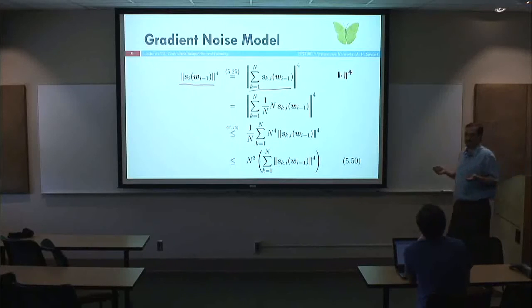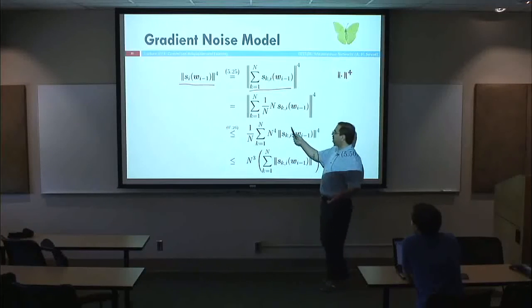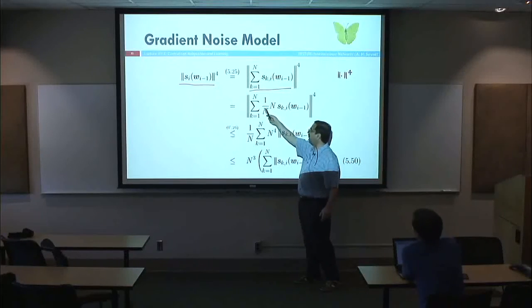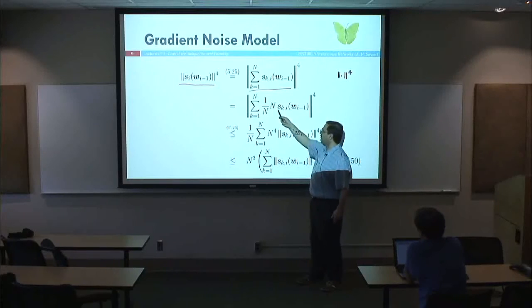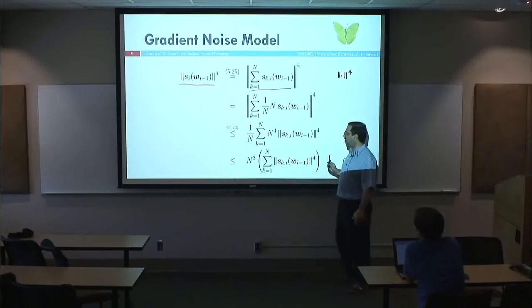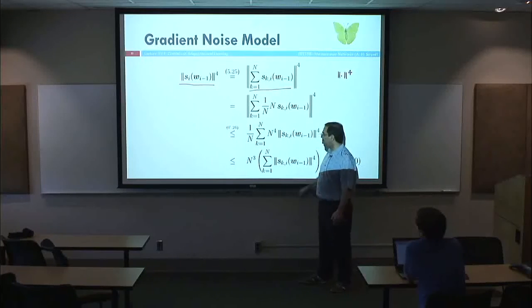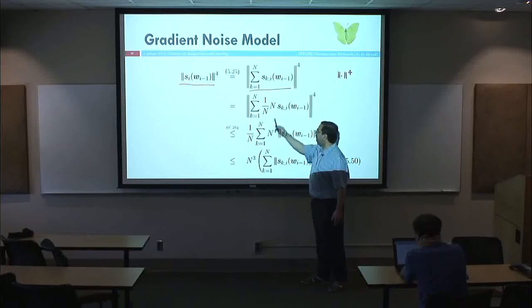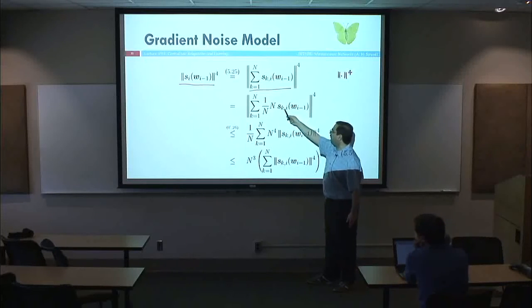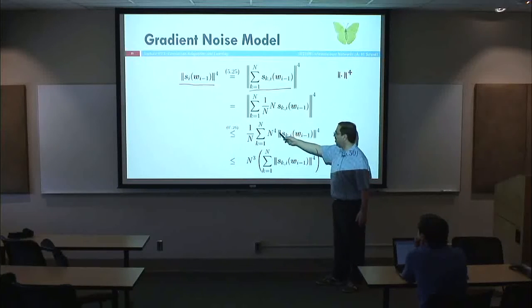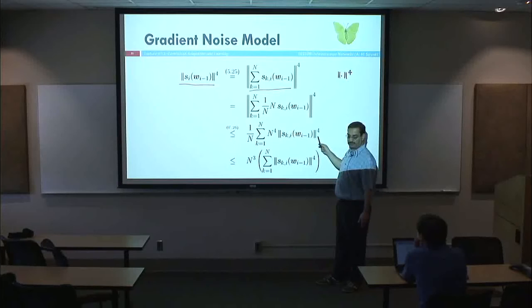So I apply Jensen's inequality. Because of this 1 over n, I have a convex combination of all these terms, each one of them multiplied by 1 over n. So this is upper bounded from Jensen's inequality by 1 over n, the sum of the power 4 of these arguments. So n to the 4, that to the 4.